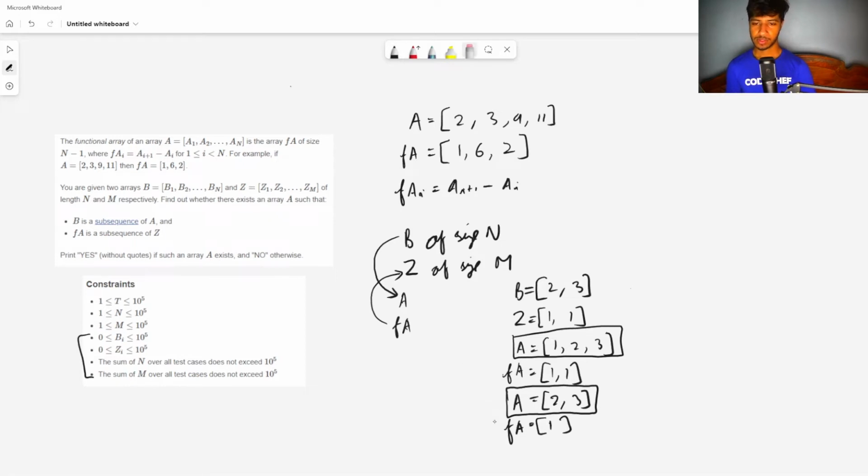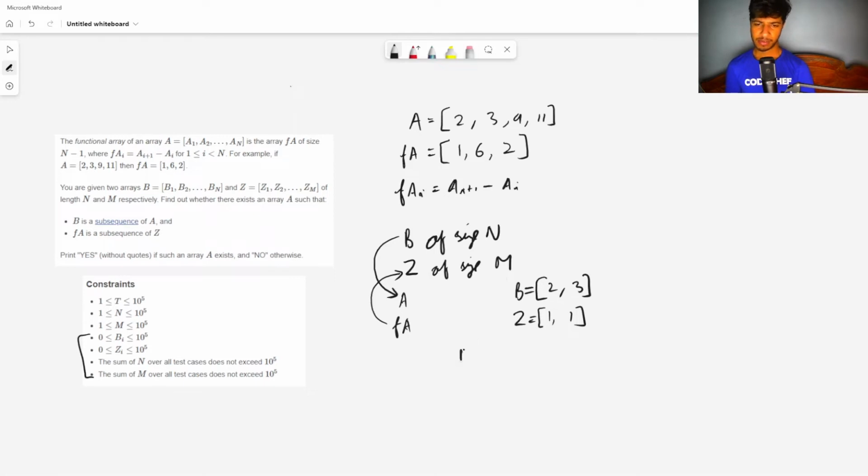So what observations can we make now? One observation is that, so I'll just take a random B to prove a point. I'll assume the size of B is 2 for now. So let's say it's 1, 6.